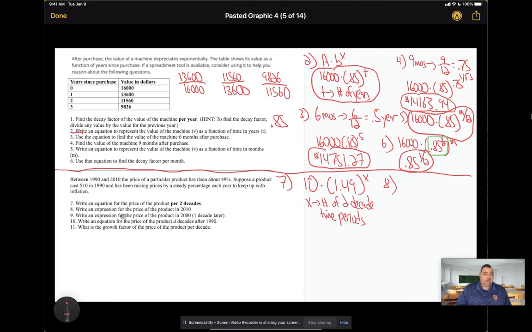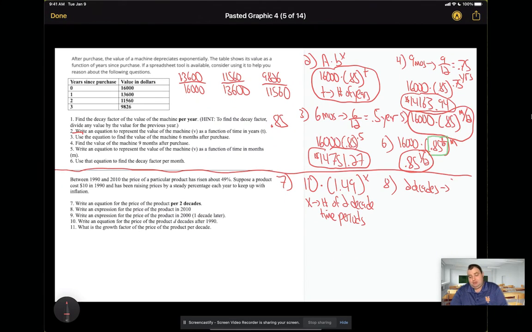Number 8, write an expression for the price of the product in 2010. So 2010 is 2 decades later. So I'm not going to plug in x equals 2.